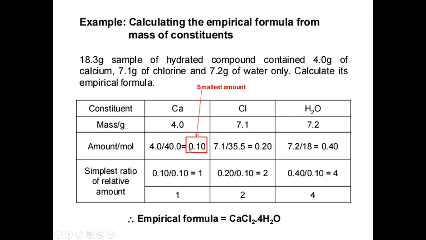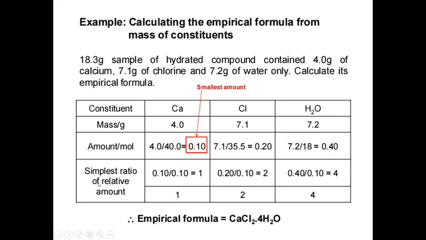So 0.1 is the smallest amount compared to 0.2 and 0.4. So we choose this value. From here, 0.1 divided by its own value, you get 1. 0.2 divided by 0.1, you get 2. And 0.4 divided by 0.1, you get 4.